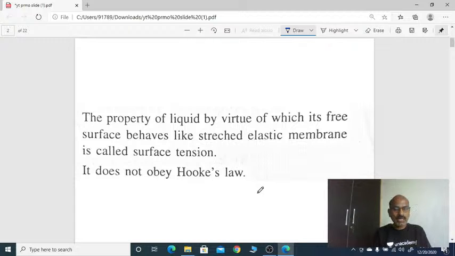The surface of the liquid behaves like a stretched membrane, like a balloon. If you stretch it, how will it be? Similarly, the surface will behave like a stretched membrane so that insects can walk on the surface. We know that surface tension, denoted by letter T, is the tangential force acting per unit length.